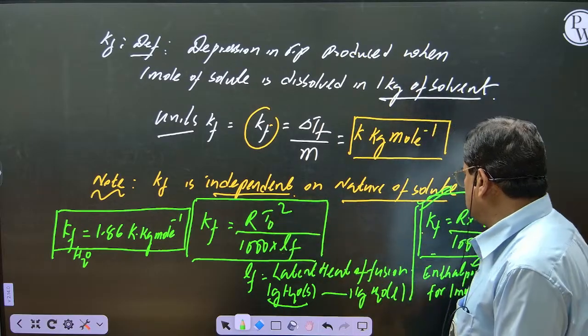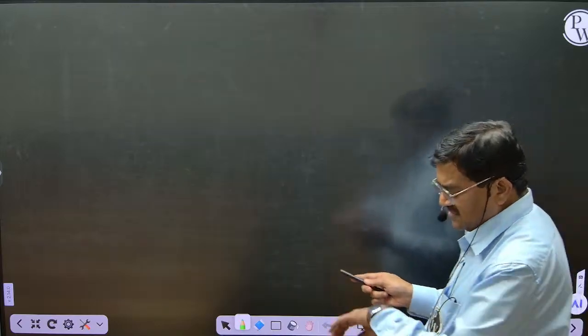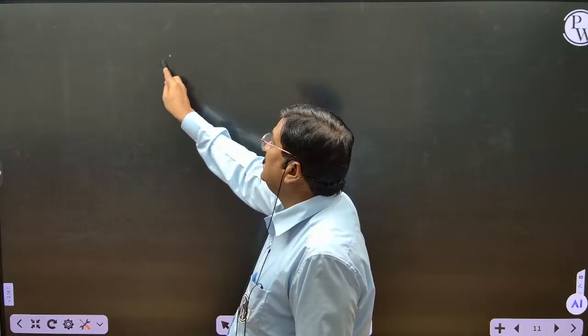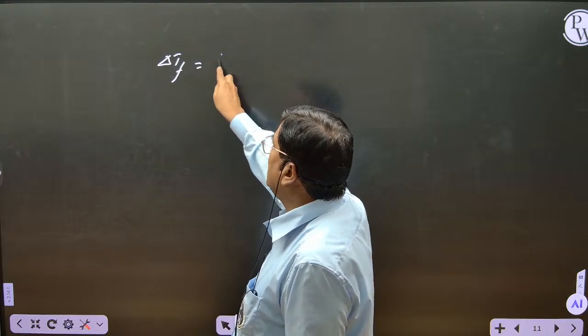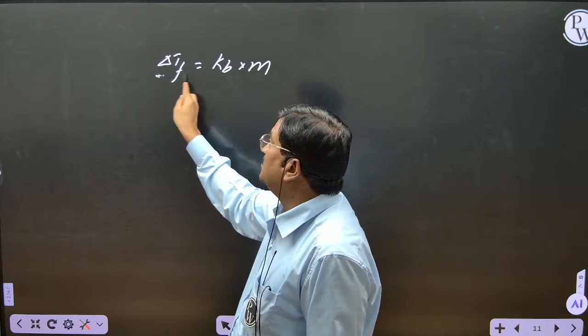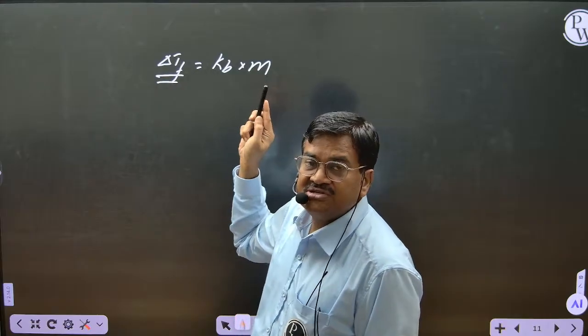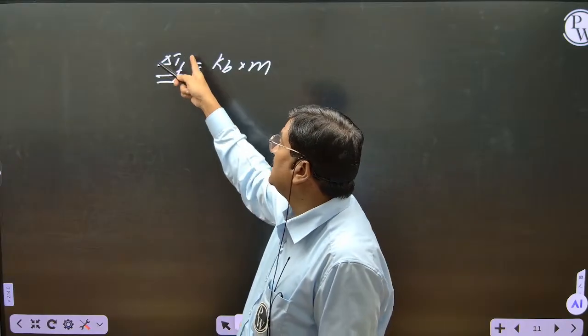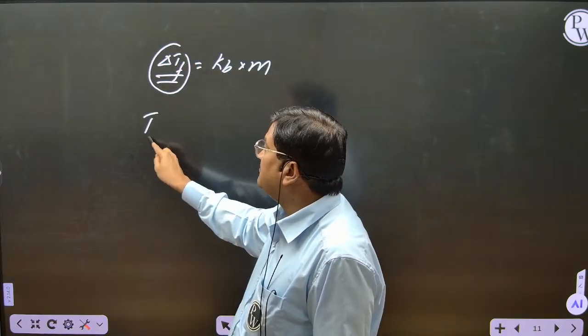Now see, this del Tf, last 2 minutes. Del Tf is equal to Kf into m, as we wrote. Now tell me, do you take del Tf as solvent minus solution or solution minus solvent? Here you have to be careful: solvent minus solution.